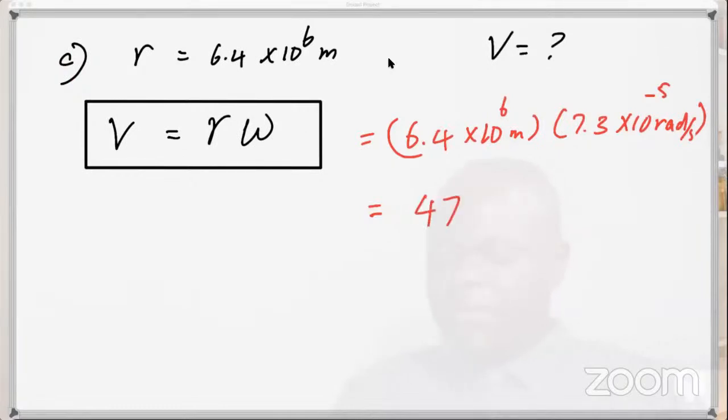So it'd be 4.7 times 10 to the 2. Yes, 4.7 times 10 to the 2 meters per second. Or 470, because again, the trailing zeros most of the time are considered not significant. So 47 would be 4 and 7, 2 significant digits. Okay. Any questions?